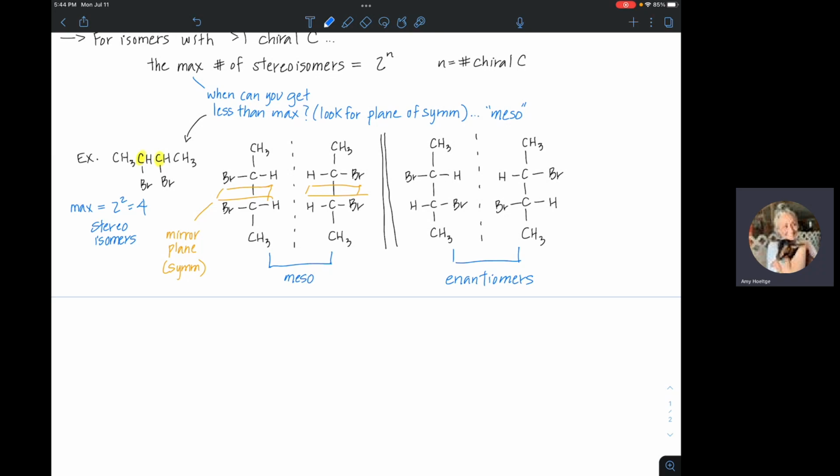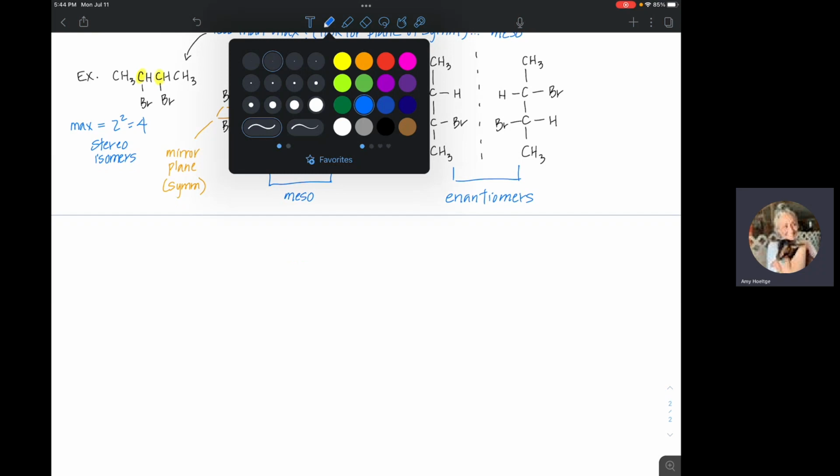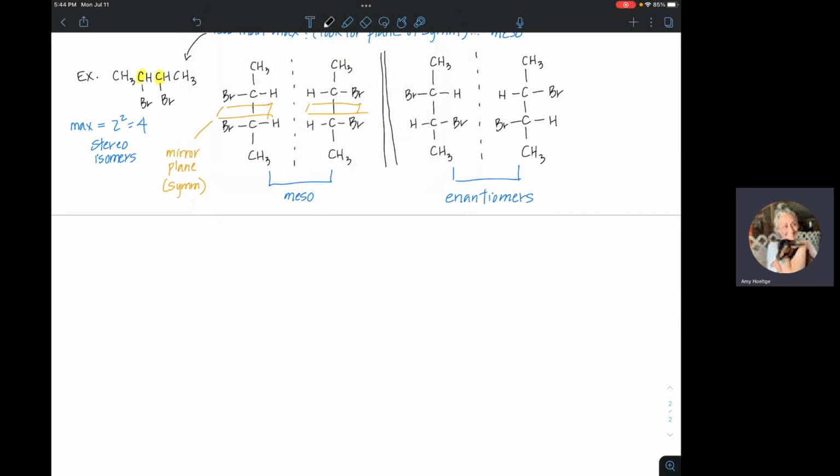Okay, what happens when that doesn't happen? So like, what happens then if I have a molecule that simply just has 2 asymmetric carbons? So what if I had something like this? I'll draw it without stereochemistry to start with.